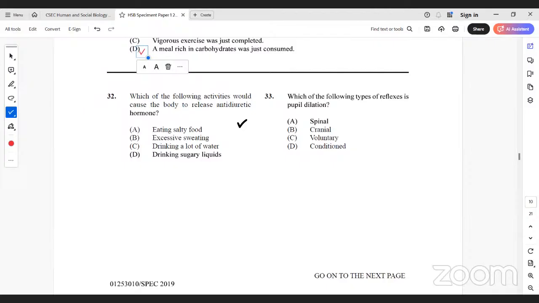So what's supposed to happen? 32, we should look for someone who is trying to conserve water from losing it. Eating salty foods, excessive sweating, drinking a lot of water, drinking sugary liquids. Which one of these would cause the body to release this hormone?